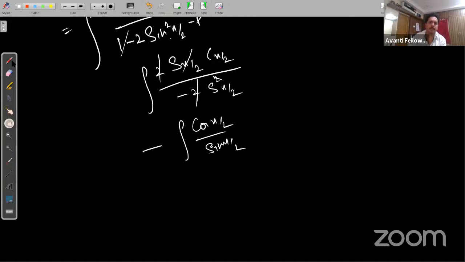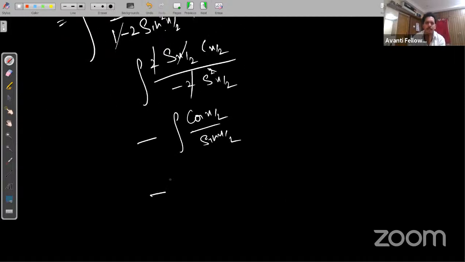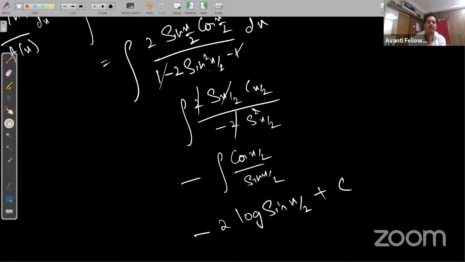Okay, so now it will be easy for you. Minus of the integral of cos x by 2 by sin x by 2 is minus 2 into log sin x by 2. What is the integral of cot, guys? Integral of cot is log sin. As x by 2 is there, dividing by 1 by 2 will become into 2. Okay, plus c. So this is what I got.